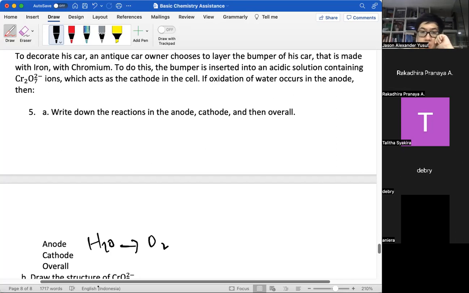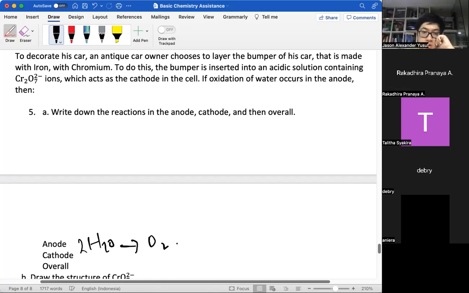So first of all, we take a look at the atoms on both sides. So what is missing? H here is missing, right? First of all, we look at the number of atoms here that are missing. So we have 2 oxygen atoms. Here we have only 1, hence we need to multiply this by 2.